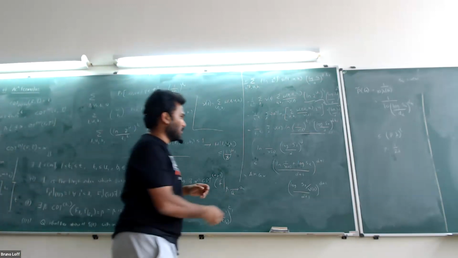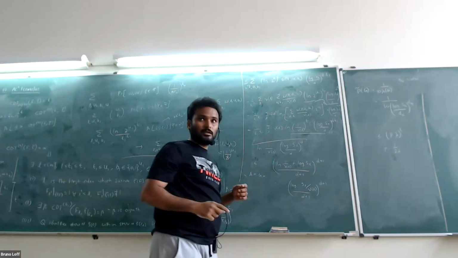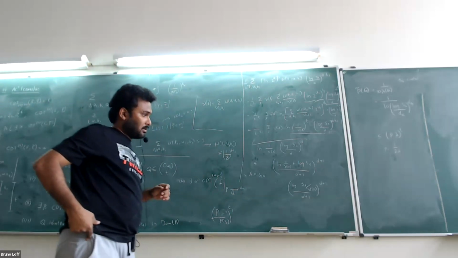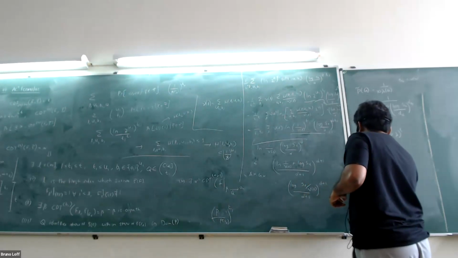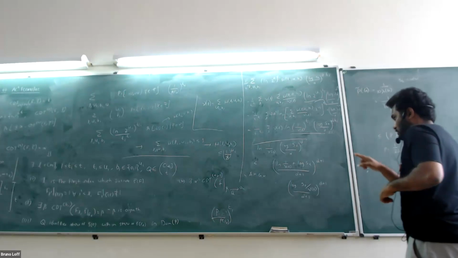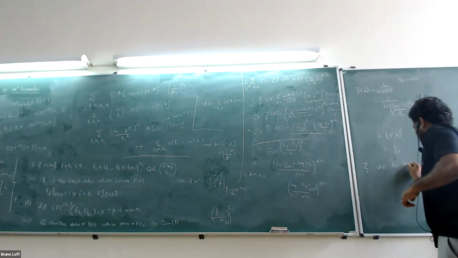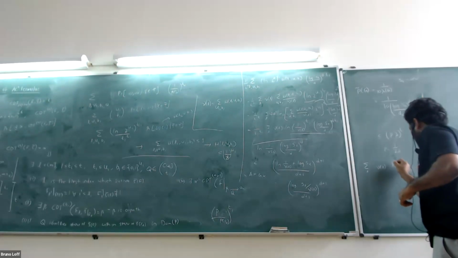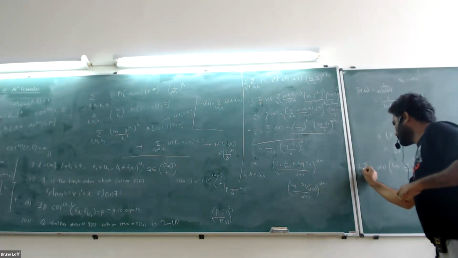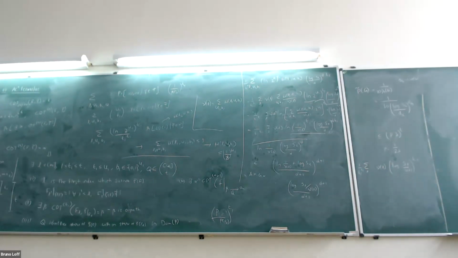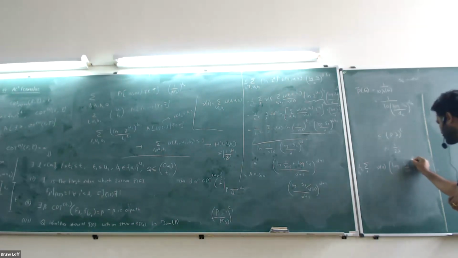Yes, so let's plug this in here. What we have is the summation over L of mu L times log of S L by mu L. There's a D, so there's a D plus one.